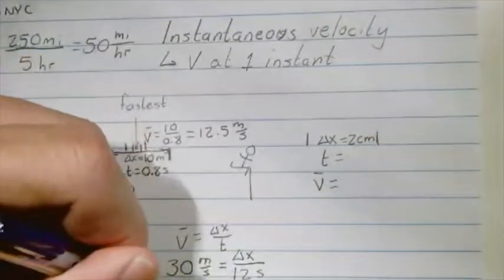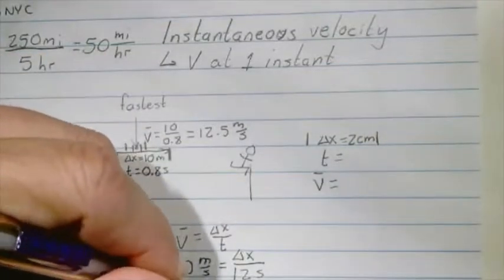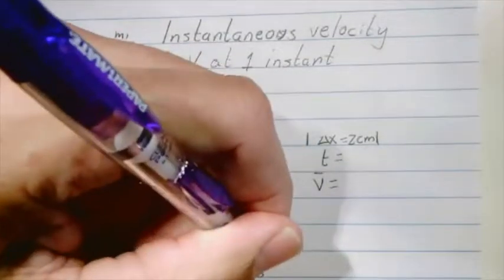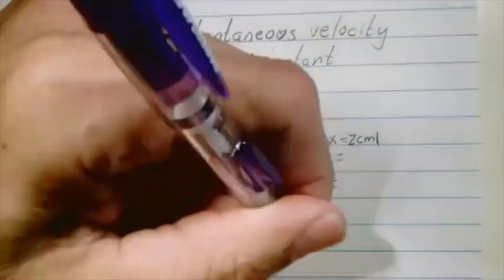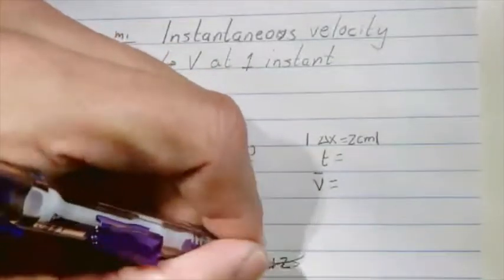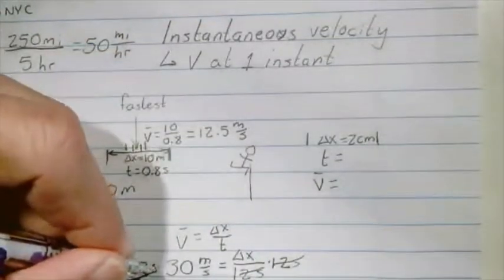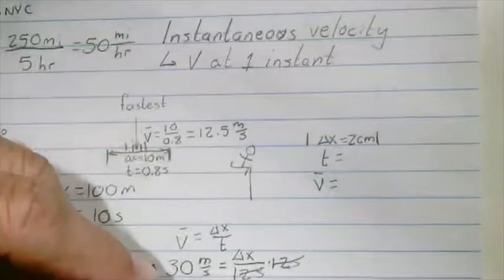If we multiply both sides by 12, let me do it the way most people see algebra: 12 seconds cancels top and bottom. And this ends up being 12 seconds times 30 meters per second.